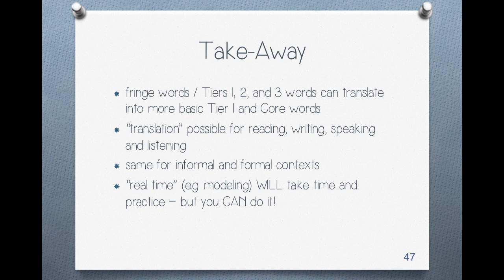The translation process can be used for reading, writing, speaking, and listening. We didn't really talk about the difference in those different mediums, but I just think about, you can translate a book into the core. You can translate what someone is saying. You can translate anything. Basically, that's what I'm trying to say here, is the process is the same regardless of how you're applying it.